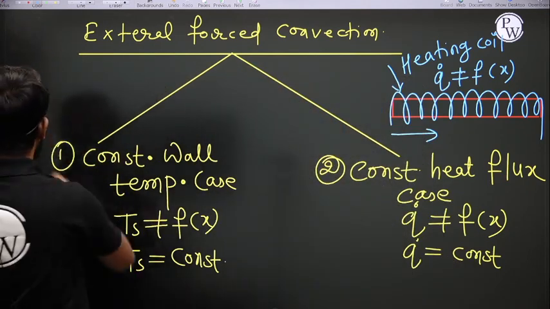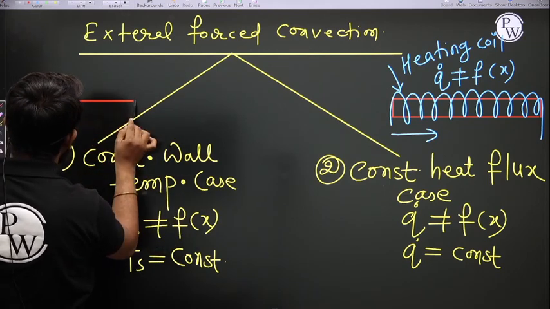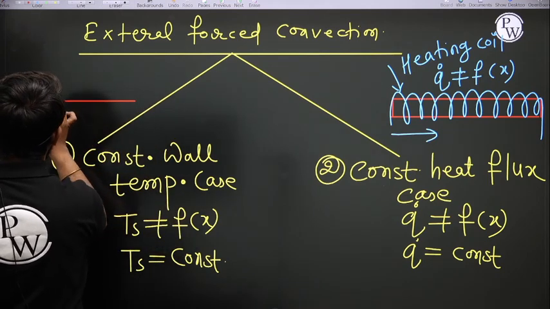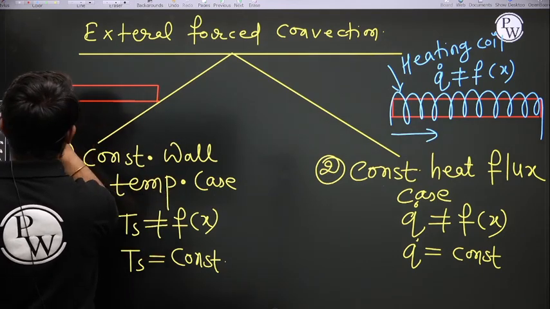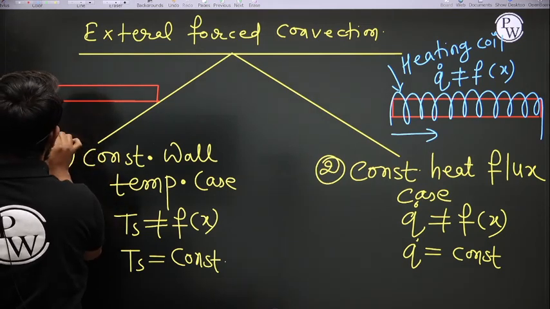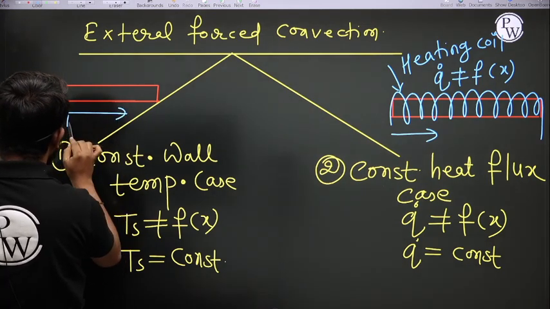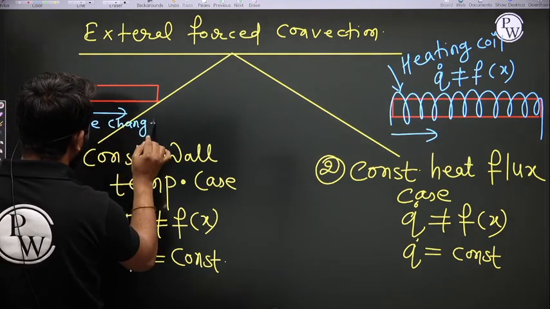Okay, and this is a case of constant wall temperature. For the constant wall temperature, there is a wall, and on this side phase change occurs.